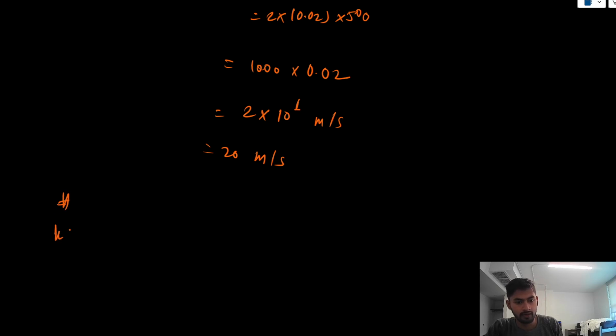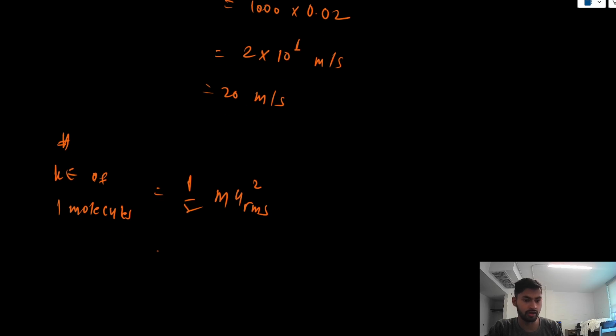The kinetic energy of one molecule is 1/2 m(u(rms)) squared, right? And we also know that the kinetic energy of one molecule is 3/2 kT, right? Which is again the kinetic energy of one molecule.